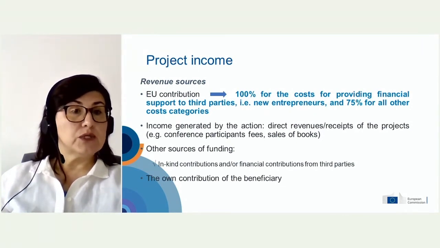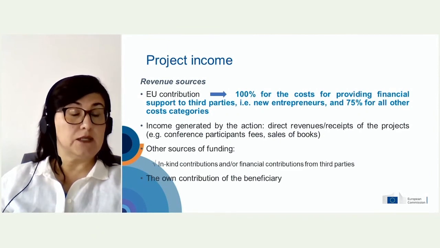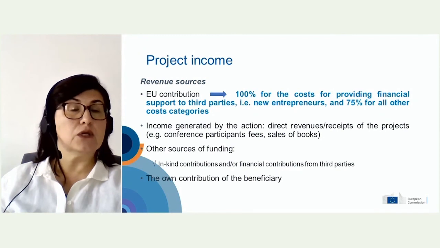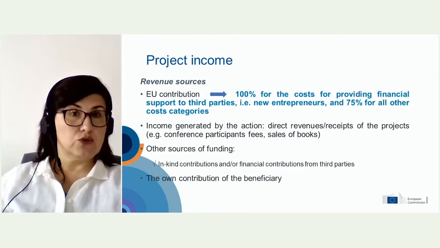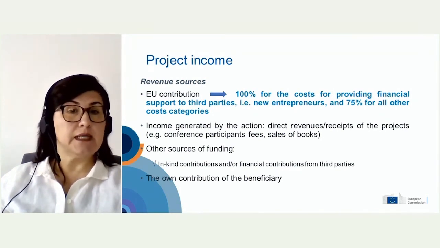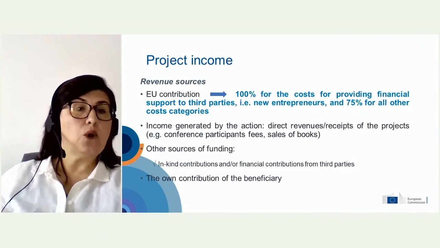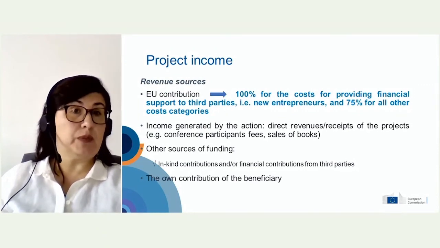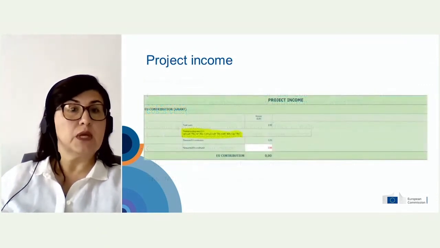These revenues can be also the income generated by the action. Other sources like the contributions from third parties, meaning parties which are not partners of the consortium, that can be in kind or financial, and the own contribution of the partners of the consortium.